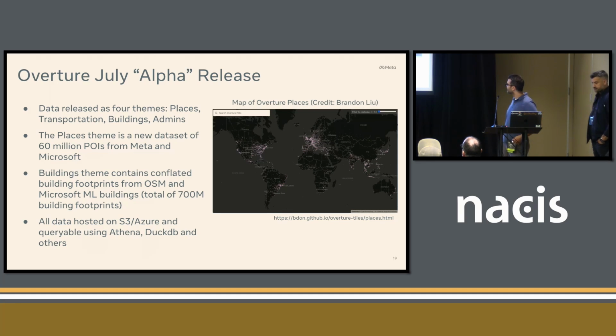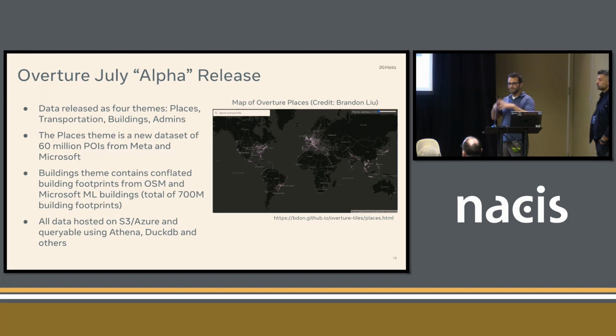It's always been proprietary. And the two teams from Meta and Microsoft got together with their POIs, conflated them together, and released this common data set that is now free and open. The buildings data contains conflated building data sets from OpenStreetMap and Microsoft ML building footprints. So it's a total of 700 million building footprints globally. We're going to continue that out more.